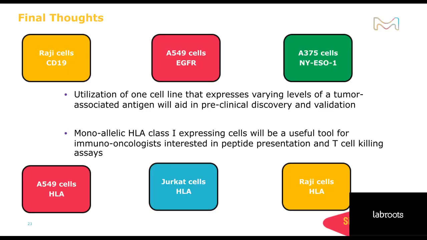So I hope that I've convinced you that the utilization of one cell line that expresses varying levels of a tumor-associated antigen will aid in your preclinical discovery and validation, and that monoallelic HLA Class I expressing cells will be a useful tool for any immuno-oncologist interested in peptide presentation and T-cell killing assays.